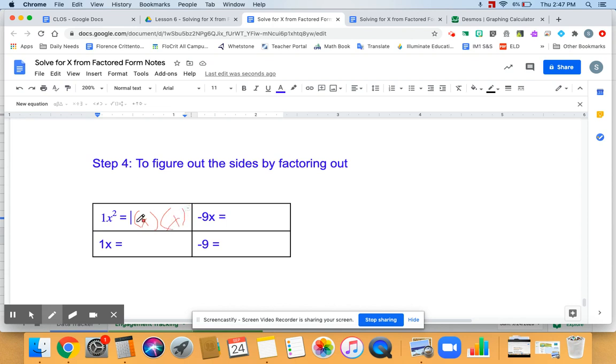I don't even need to write the 1x squared. I could put the 1 in front if I want to. I don't have to. 1x just means we have an x. Again, I could also say there's the 1 in front, but we don't have to put it there.